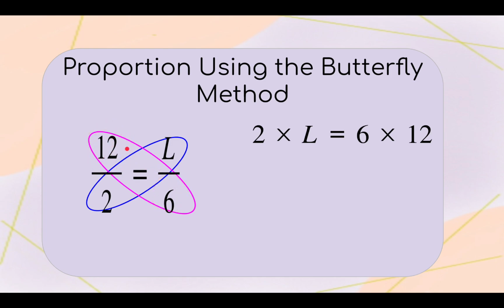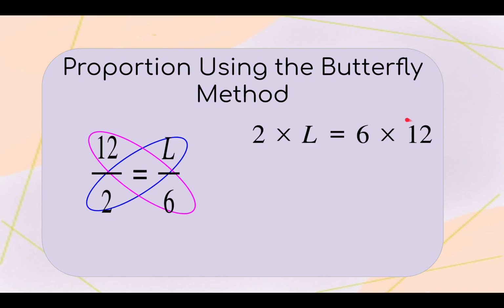Now, multiplication is commutative, meaning that I can switch the numbers around. So instead of saying 2 times L, I could have also said L times 2. And just like I have 6 times 12, I could have also said 12 times 6. Doesn't matter, multiplication is commutative. But just make sure that you are multiplying diagonally.